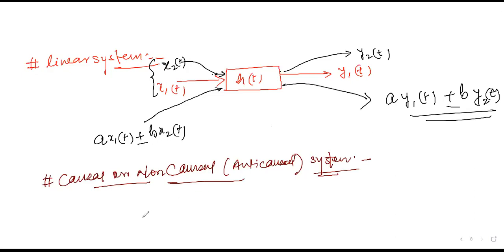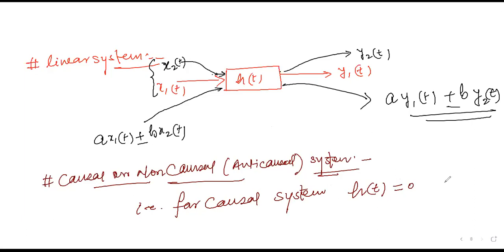That is, for a causal system h of t equal to 0 for t less than 0.